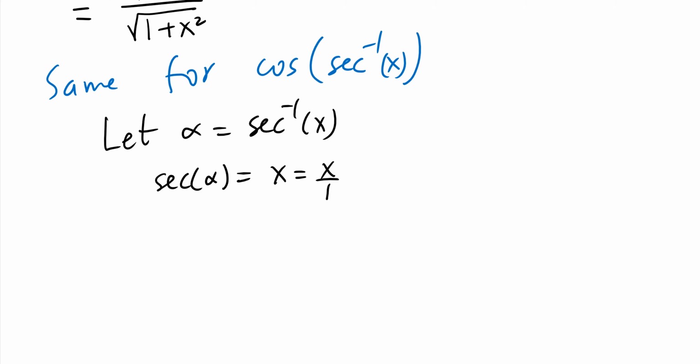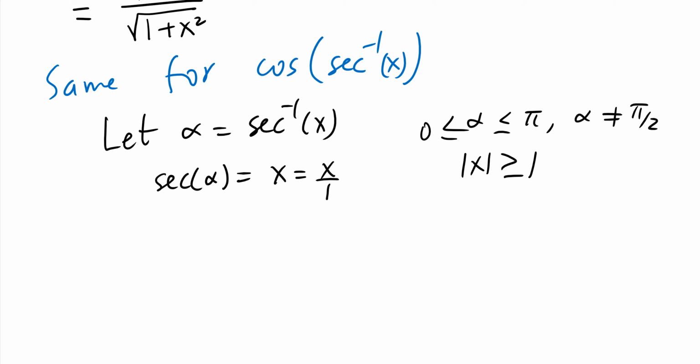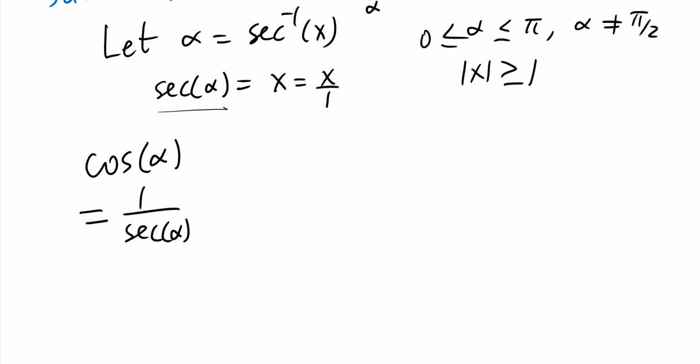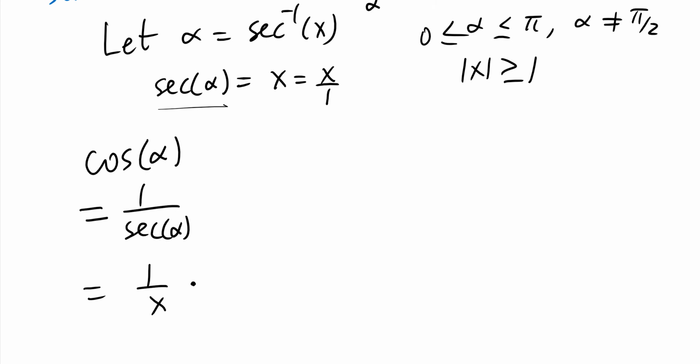Make sure you put the conditions on alpha: 0 to pi, but alpha cannot be pi over 2, and the absolute value of x must be bigger than or equal to 1. What are we asked to find? Cosine alpha. I have secant, so I don't even need the right triangle. This is 1 over secant alpha, and secant alpha is x. So the answer is 1 over x.